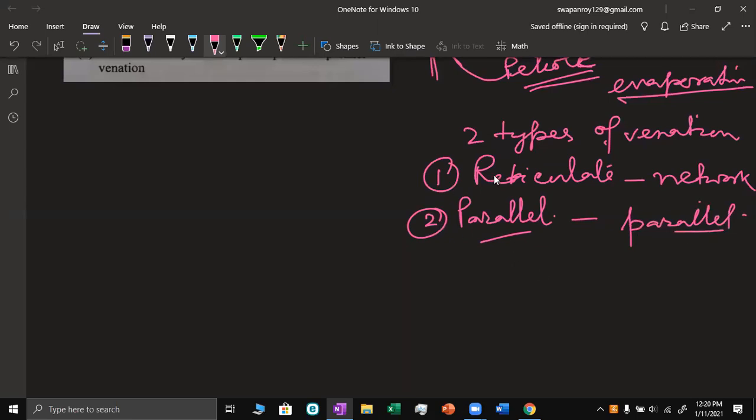Reticulate is common in dicot leaves, and parallel in monocots. Of course there are exceptions: in monocots there is also reticulate venation, and in dicots there are also parallel venations, but this is the common pattern.